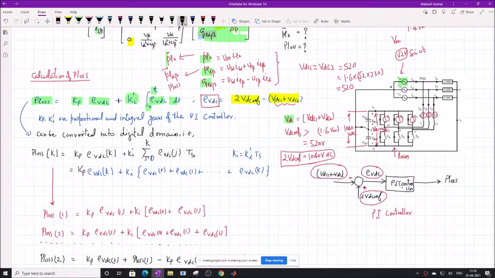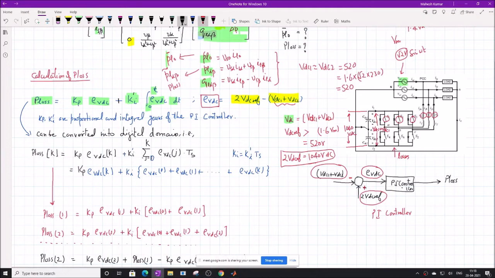So we make it simple by using a PI controller. Now, since all our implementation is in the digital domain, we would like to implement this PLOS term in the digital domain. Okay, so we transform this equation into a digital form.